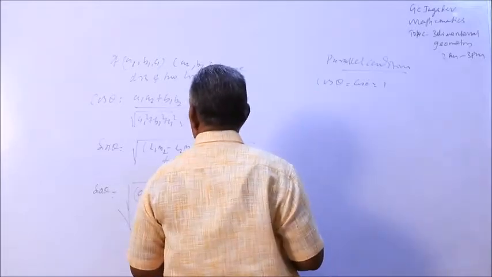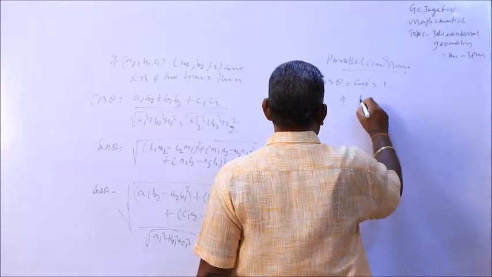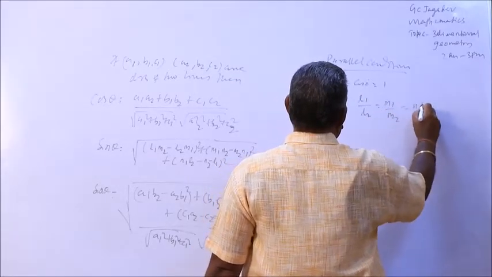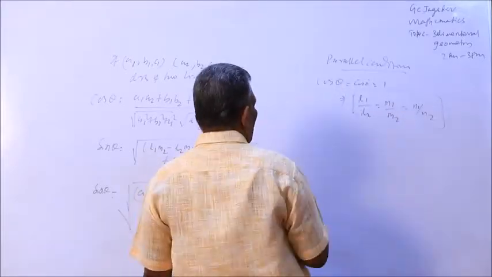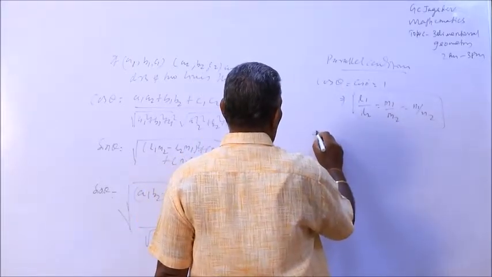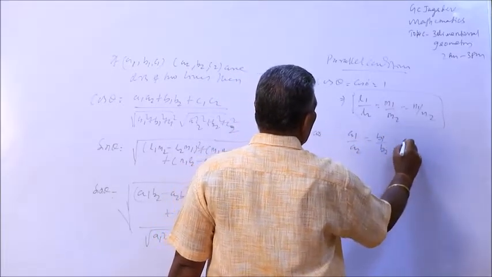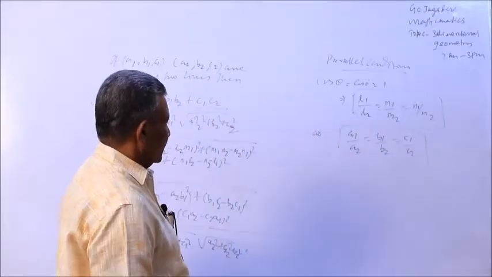That means here L1 by L2 equals M1 by M2 equals N1 by N2, and or A1 by A2 equals B1 by B2 equals C1 by C2, like this. This is a parallel condition.